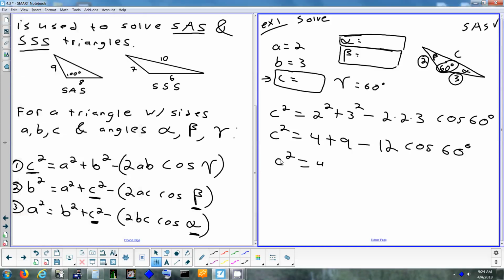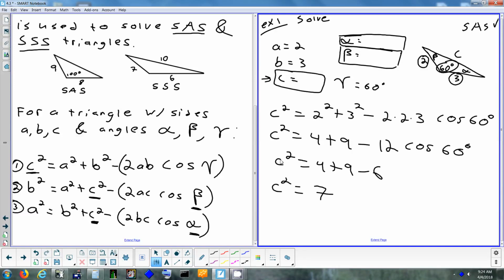So C squared is 4 plus 9 minus 6. Now we do addition and subtraction in order from left to right. So C squared, 9 plus 4 is going to give me 13. 13 minus 6, 7. Now that's C squared, so what do I have to do to get C?